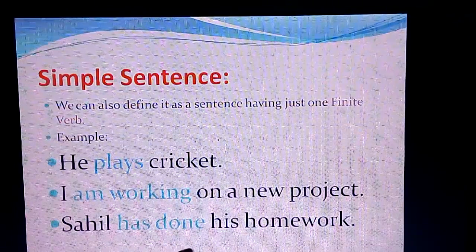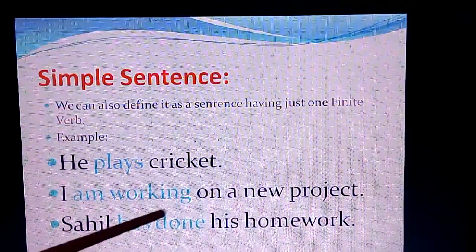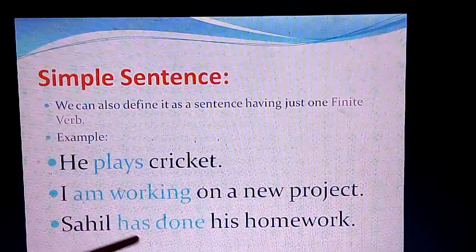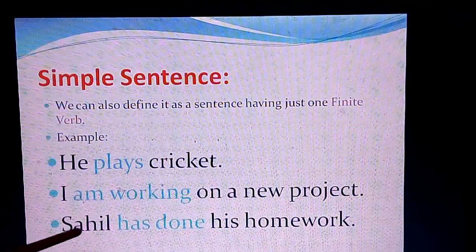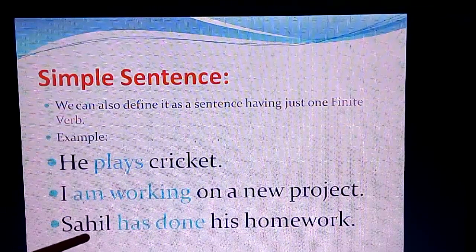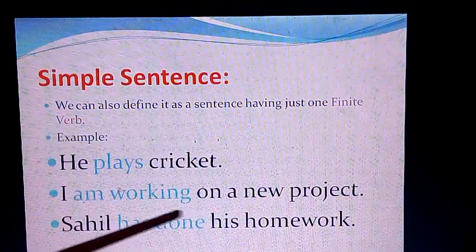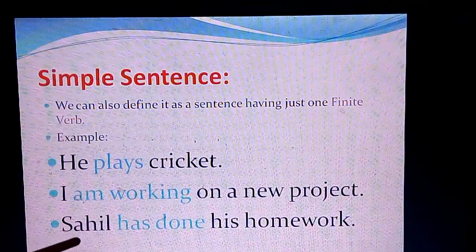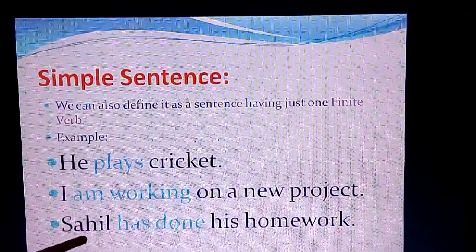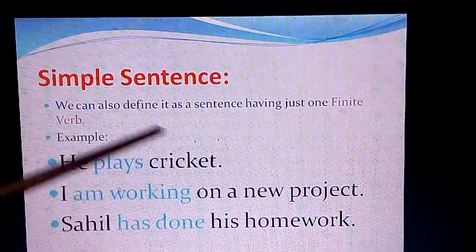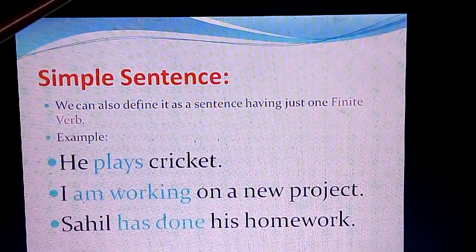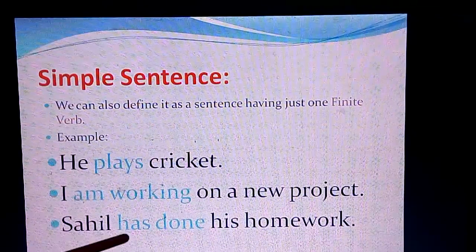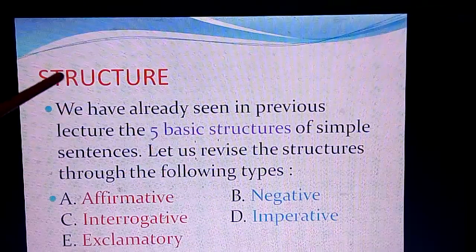Together they form one unit verb known as finite verb, and because of has, it goes in accordance to the subject Sahil. Sahil has done his homework. So this is a simple sentence. I hope it's clear to you now.